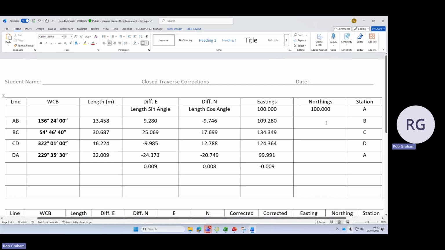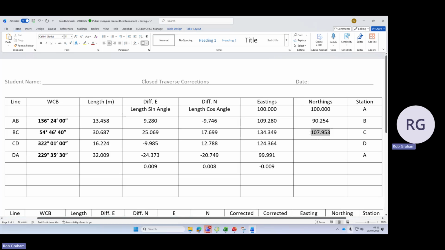We do the same with the northings. 100 minus 9.746, and that gives us 90.254. I'll just rush through these. Take that figure, and the next figure is positive, so we add 17.699, and that gives us 107.953.